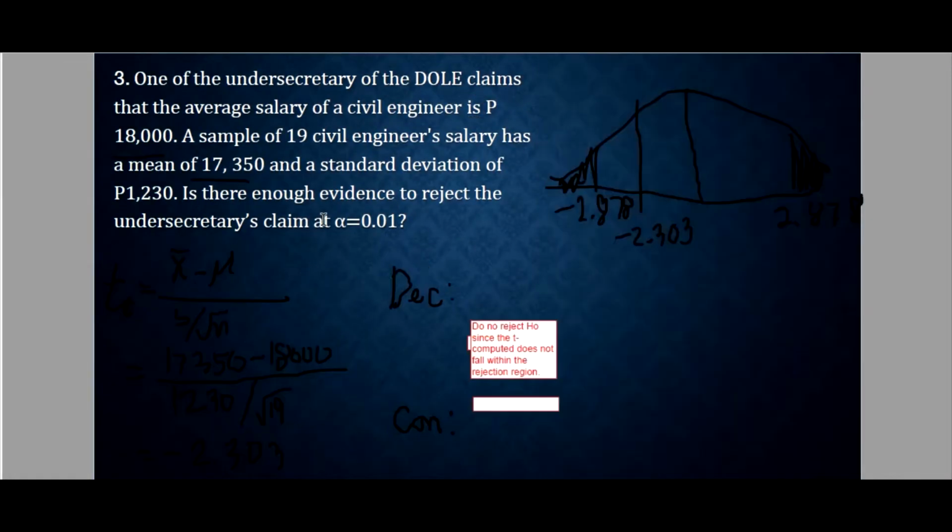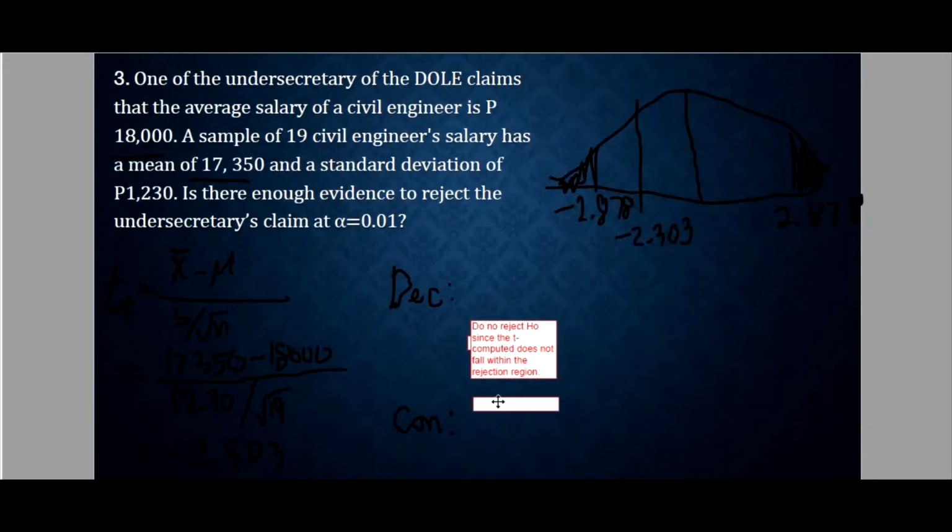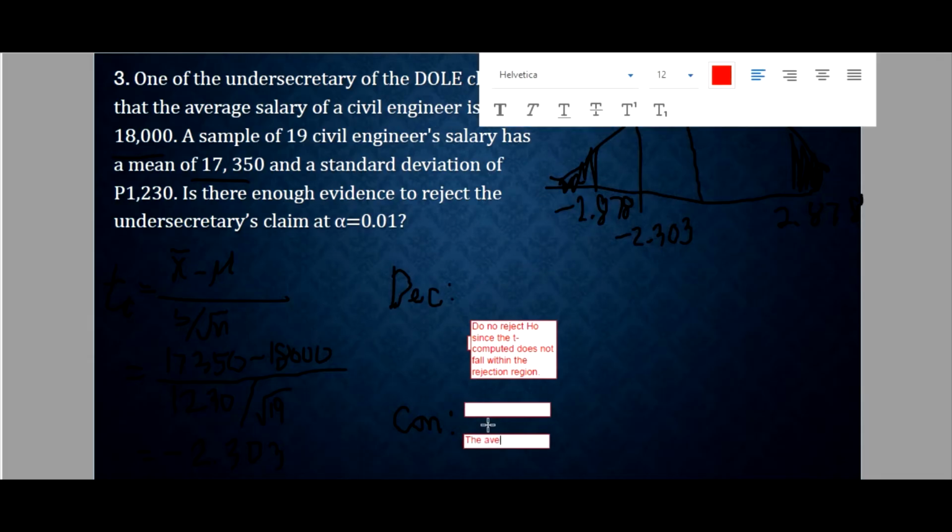You may conclude that the undersecretary's claim is correct, or the average salary of a civil engineer is 18,000.